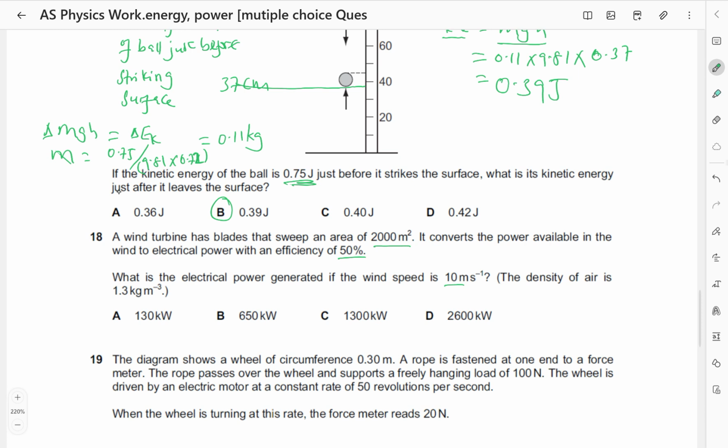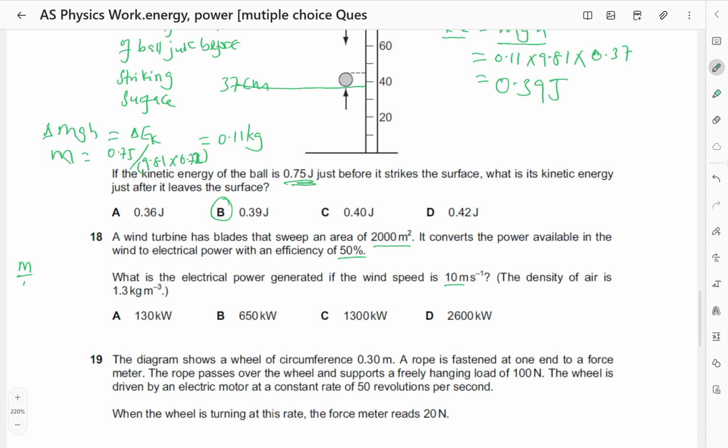So we have been given speed and density, we have the efficiency, and we have the area. Let's begin by finding the mass per unit time, or mass per second. So mass per second, I'll call it m over t.